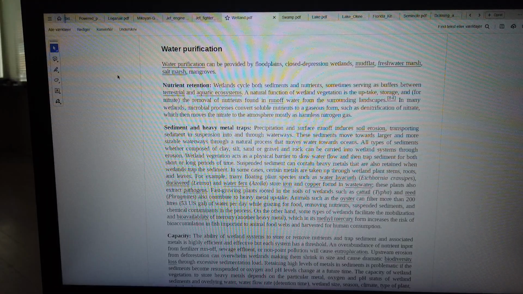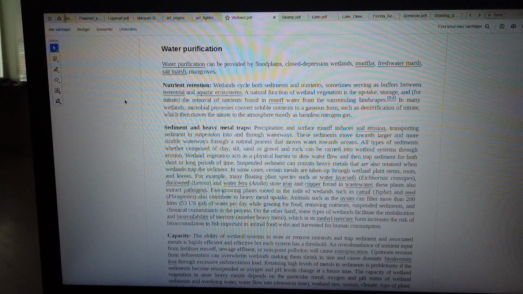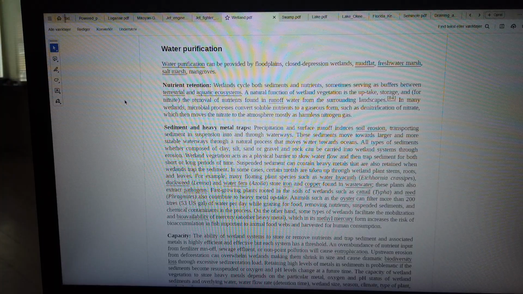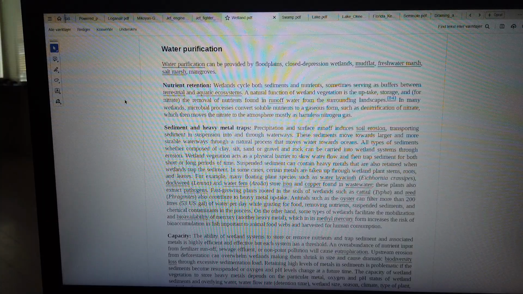Nutrient retention. Wetlands cycle both sediments and nutrients, sometimes serving as buffers between terrestrial and aquatic ecosystems. A natural function of wetland vegetation is the uptake, storage, and, for nitrate, the removal of nutrients found in runoff water from the surrounding landscapes.